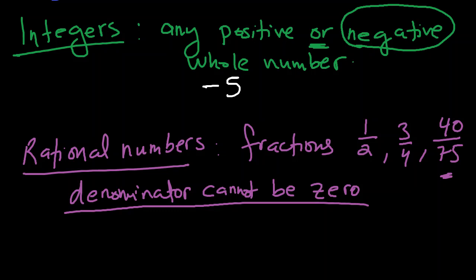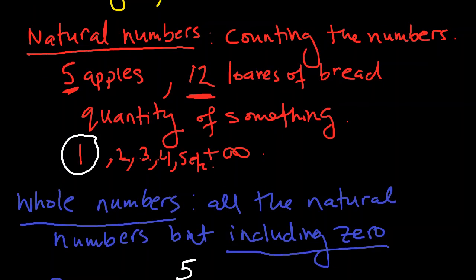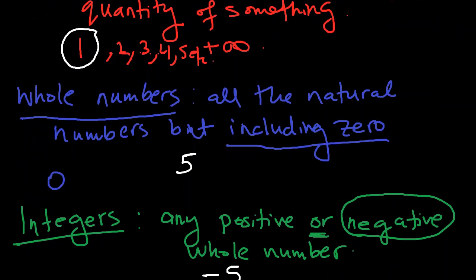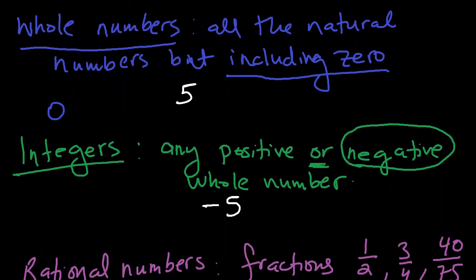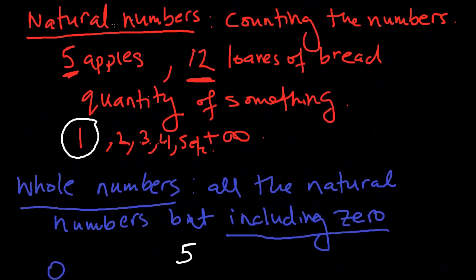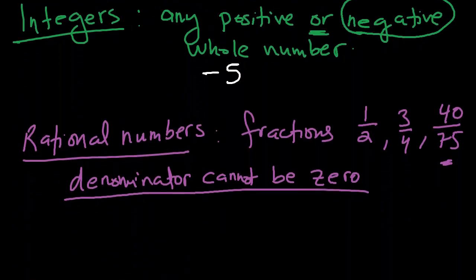So if you think about it, all natural numbers, whole numbers, and integers are actually rational numbers. Why? Because let's pick a natural number such as 5. 5 can be written as 5 over 1, right?